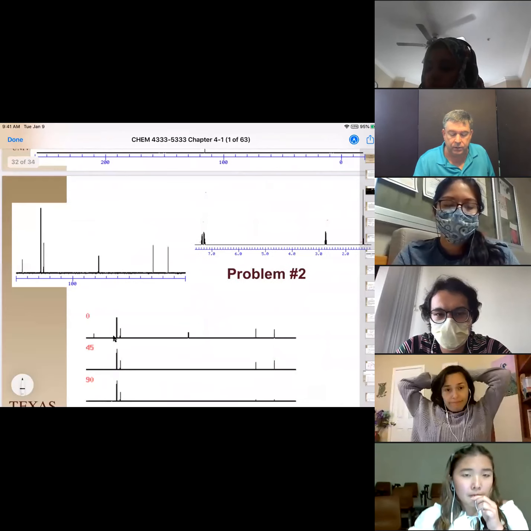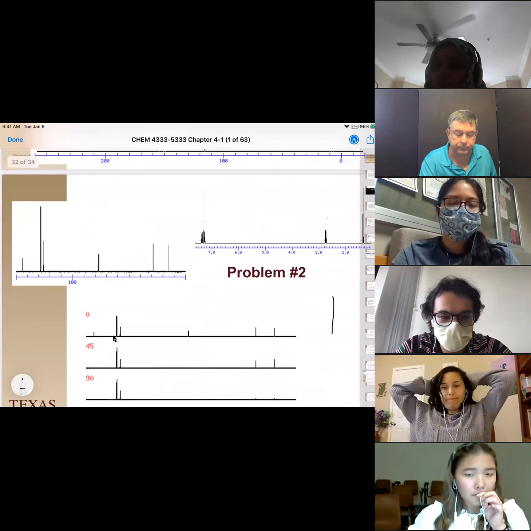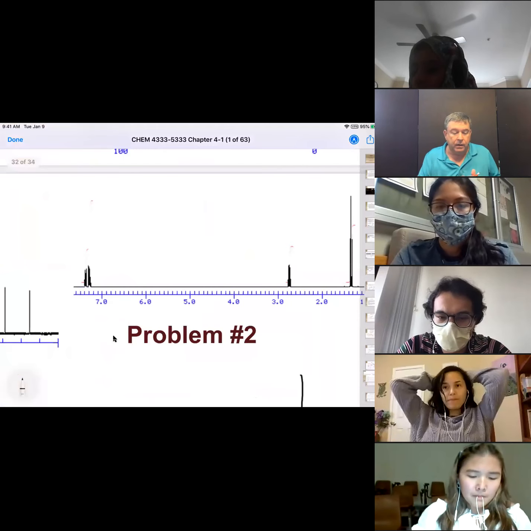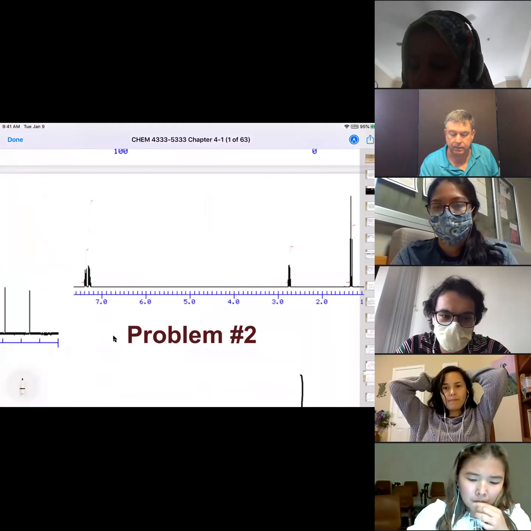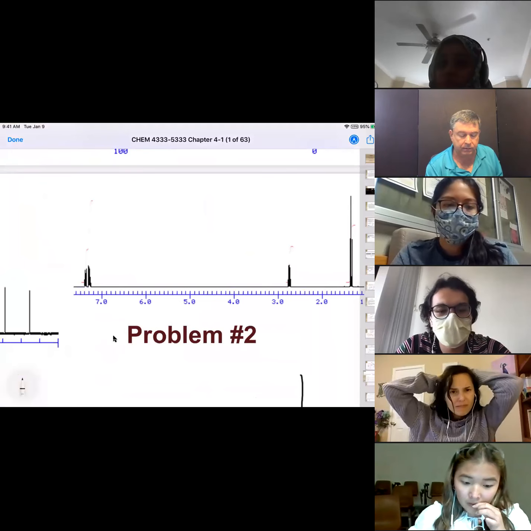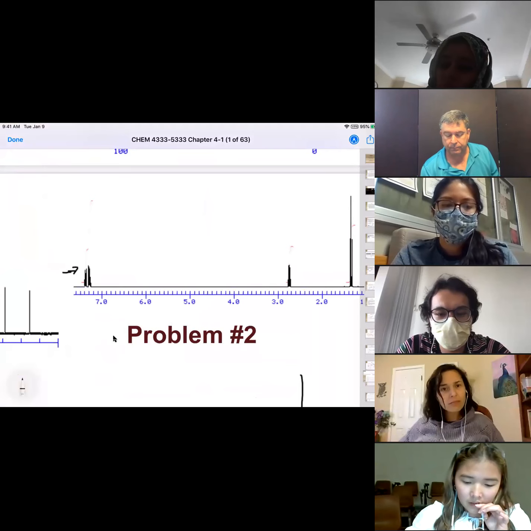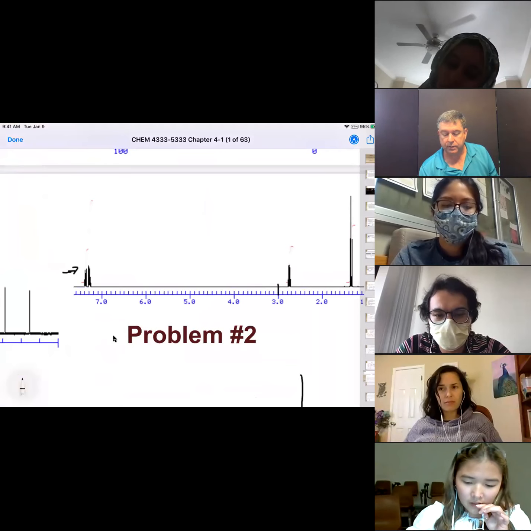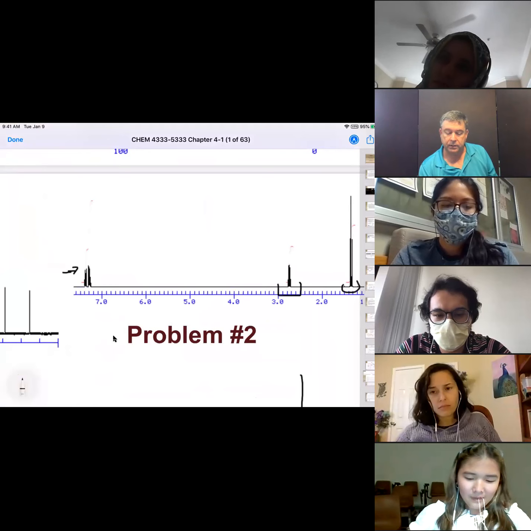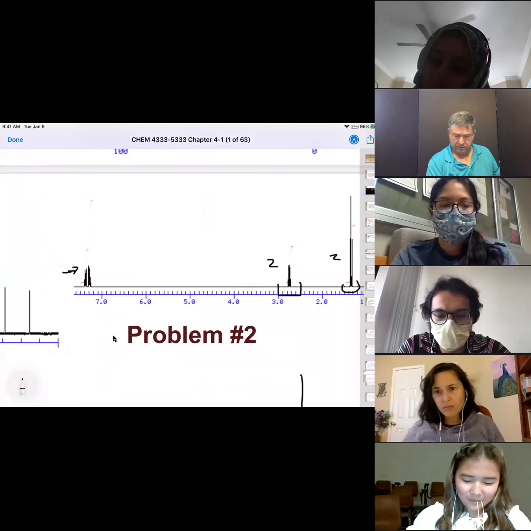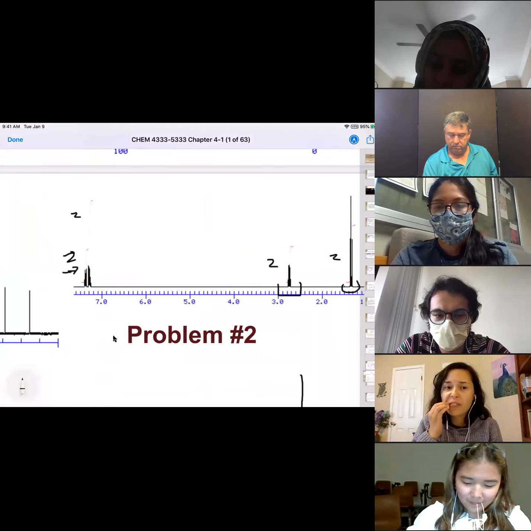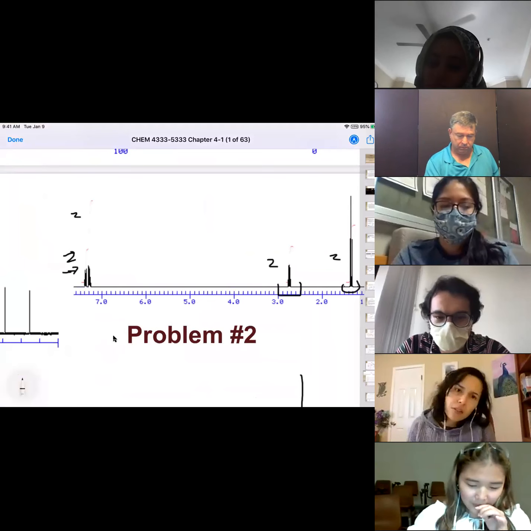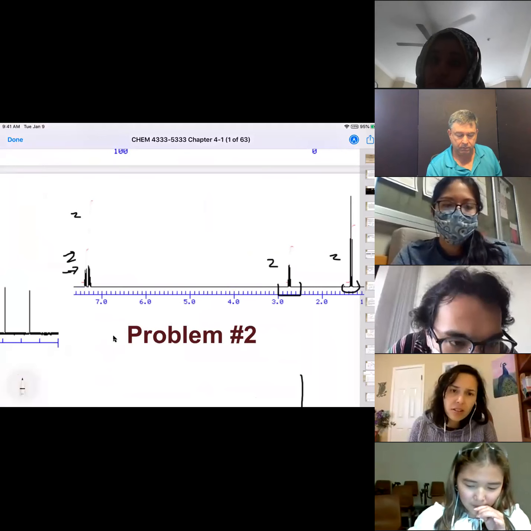Okay, so if we look at our proton NMR right here, right away it looks like maybe a benzene ring again. Something next to an oxygen and like this. And so this looks like a 2, 3, maybe a 2, 2, maybe a 2, 3, 3 here.